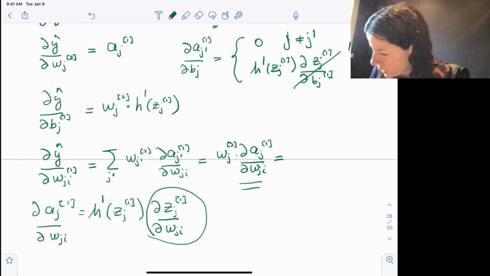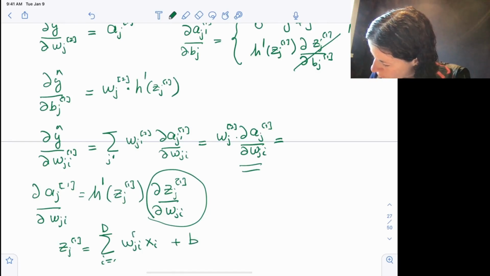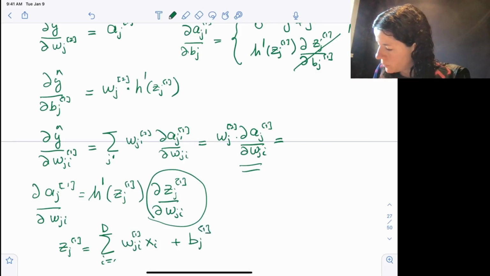Let me write it down. z_j^(1) is the sum over i equal 1 to d of w_ji x_i plus b_j^(1). So the derivative is going to be x_i.